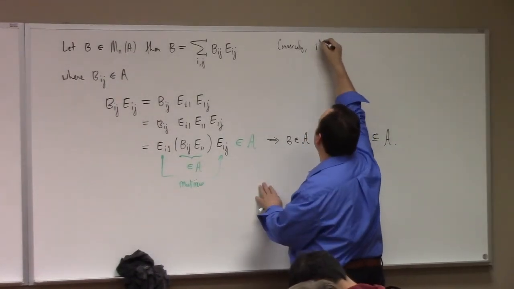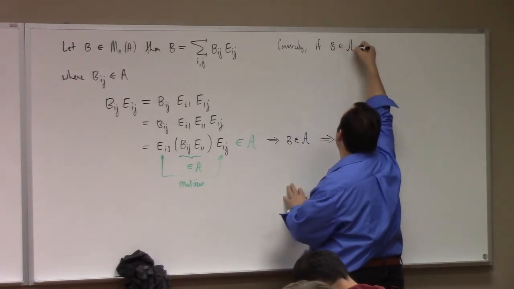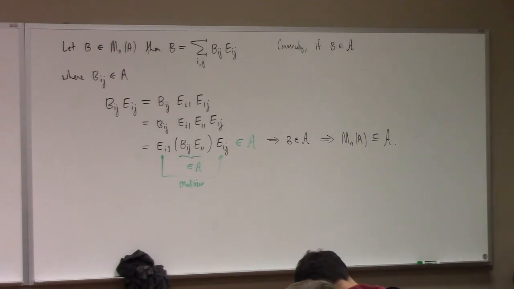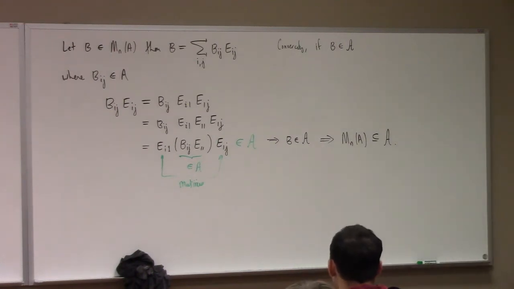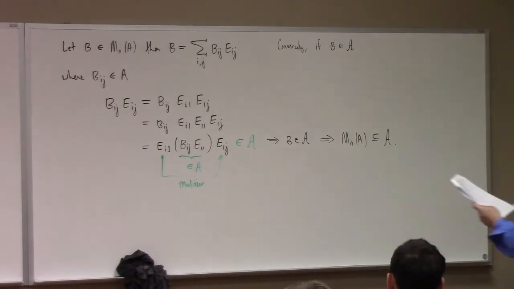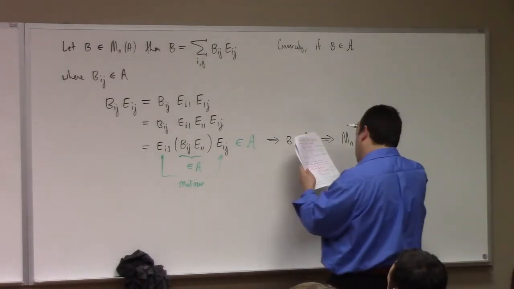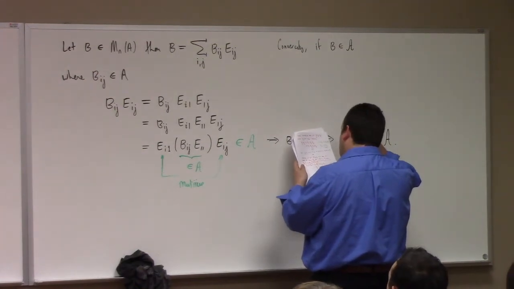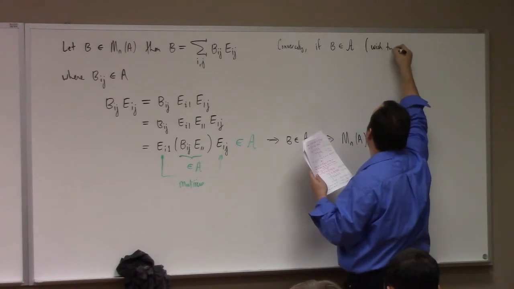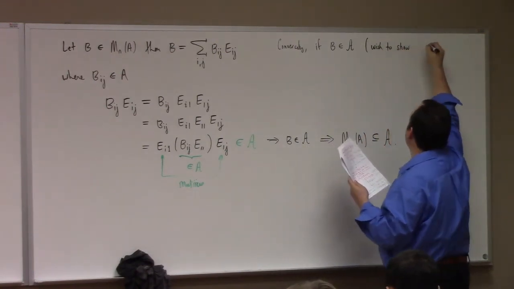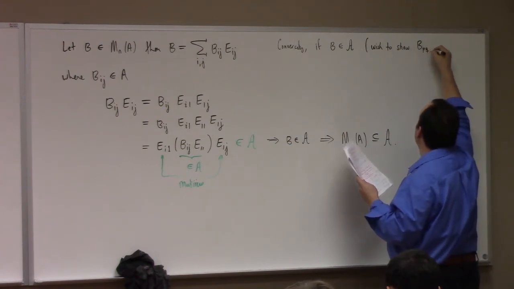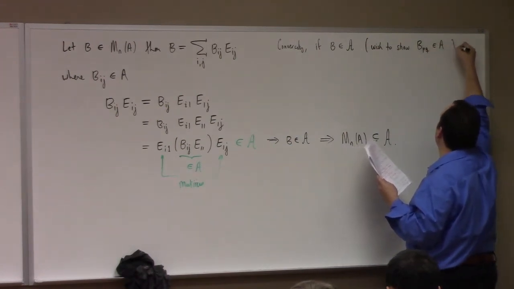If we have B as an element of script A, I want to show that in fact it's a matrix with coefficients from my ideal A. And so the way to do that is, I want to show, let's say, that b_PQ is an element of A for all P, Q.